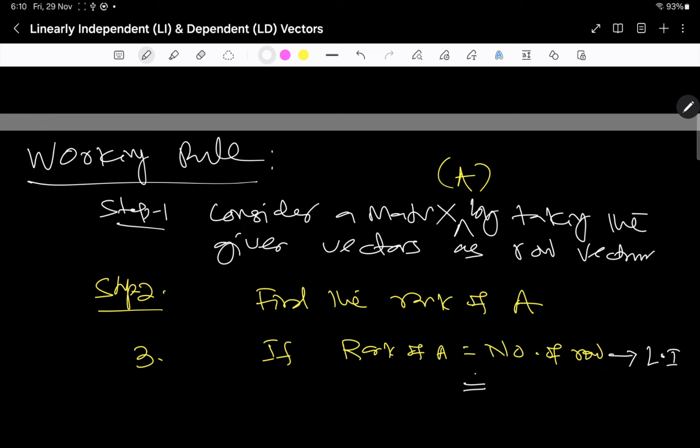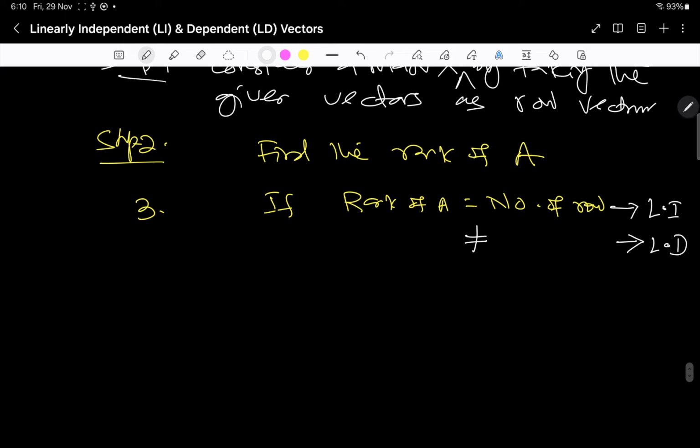If it is not equal to the number of rows, then it is LD, linearly dependent. So let us adopt this technique here, coming to the alternative solution as we discussed earlier.